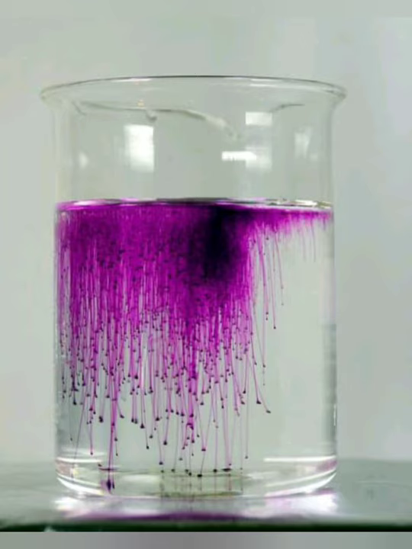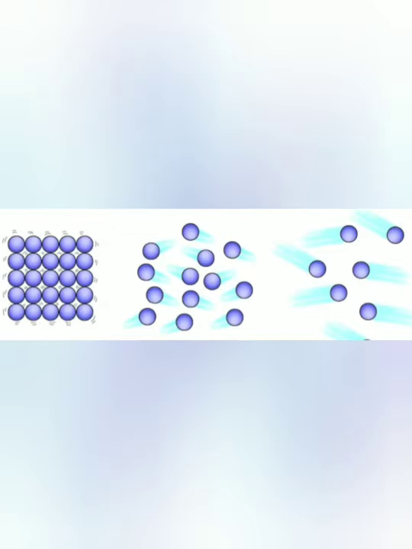The next property of matter which we will learn is that particles of matter are continuously moving, or they're always in motion. So far we've learned from our discussion that matter is made up of very small particles and they are separated from one another by empty spaces, and these empty spaces are termed as interparticle spaces.